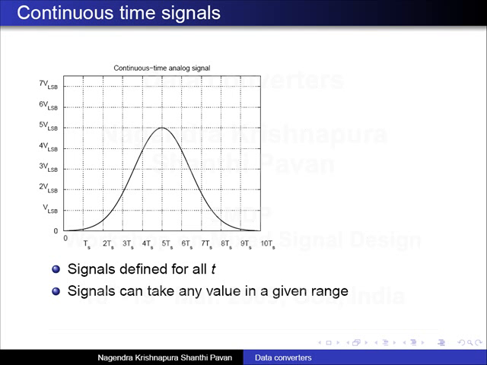So you can have 0.1 V or 0.01 or 0.35210, whatever it is. So this signal, which is defined for all time in the continuous time sense, and can also take on any amplitude along the amplitude axis, is known as a continuous time signal. This is the most familiar analog signal.